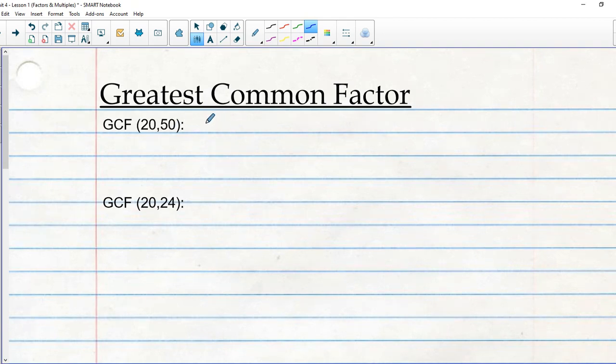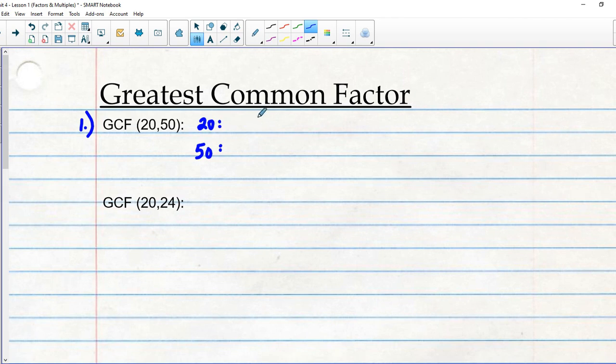So in other words, in these questions, we're always looking for a set of factors for 2 numbers. Okay, so let's get that out first. And this is how we write it. So in order to find the greatest common factor, you write GCF, right? And then in parentheses, the numbers that you're looking for. Okay, that's how mathematicians do it.